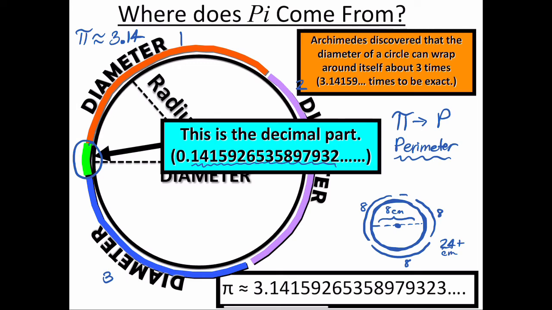A circle is not a polygon. So that's where it comes from. I think some English mathematician, in the 1600s or 1700s, decided, let's use the Greek letter for P for 3.14. But the P stands for perimeter, which, like I said, of a circle we call the circumference.